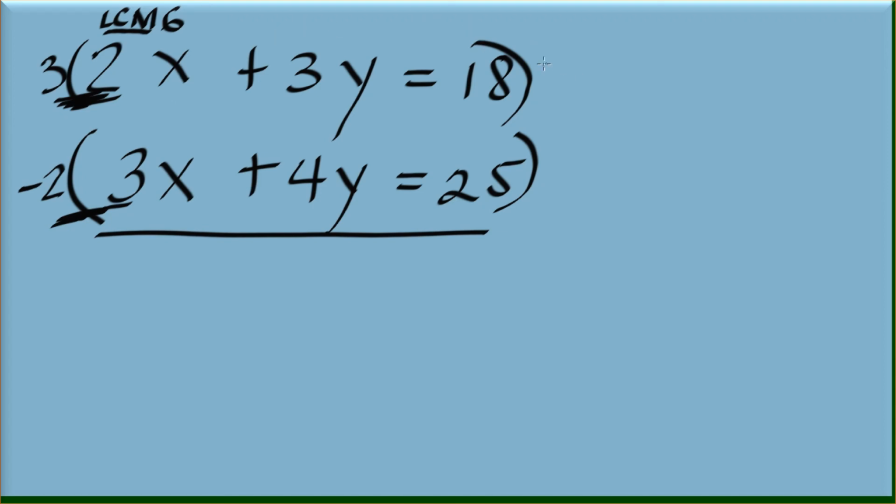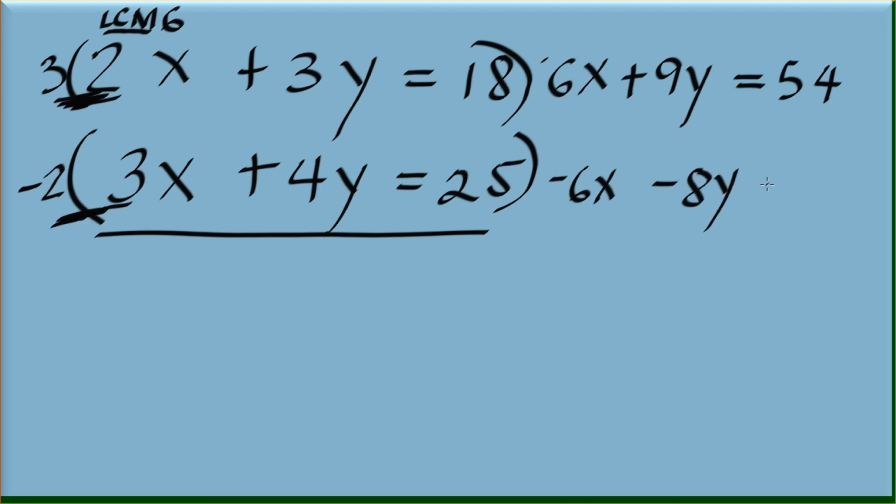So let's multiply the first by 3. You got 6x plus 9y is equal to 54. Now the second equation multiplied by negative 2 is negative 6x, negative 8y is equal to negative 50.